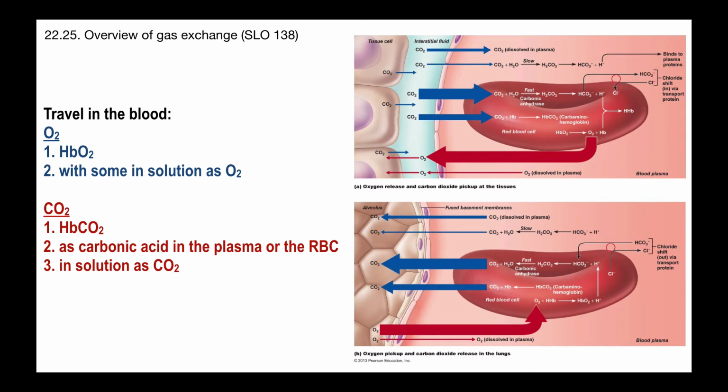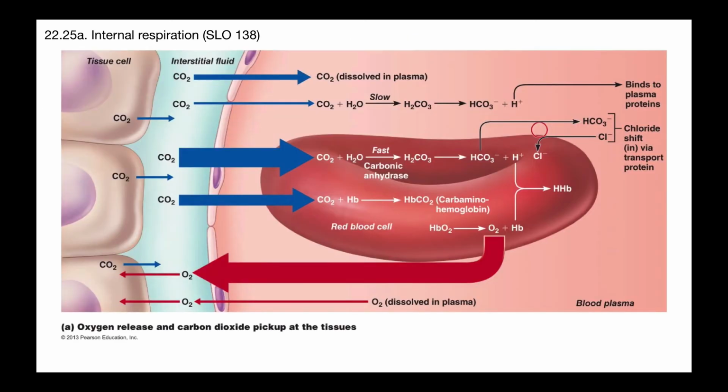So let's zoom in, first looking at internal respiration. Here we're looking at gas exchange between the red cells and the cells of the tissues. Oxygen first. The way you read this cartoon is that the width of the arrows shows how fast or how much a given gas is traveling in that route.